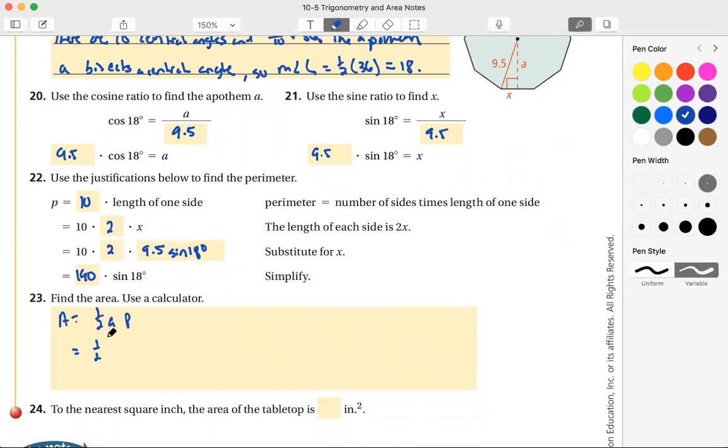The apothem was 9.5 times the cosine of 18 degrees. And the perimeter was 190 times the sine of 18 degrees. Using the calculator, we get approximately 265.2380947, which is about 265 inches squared.